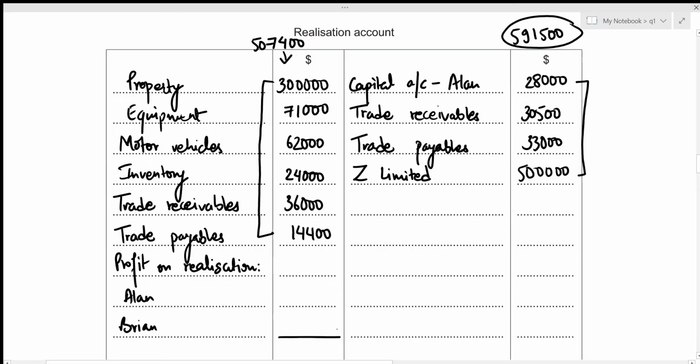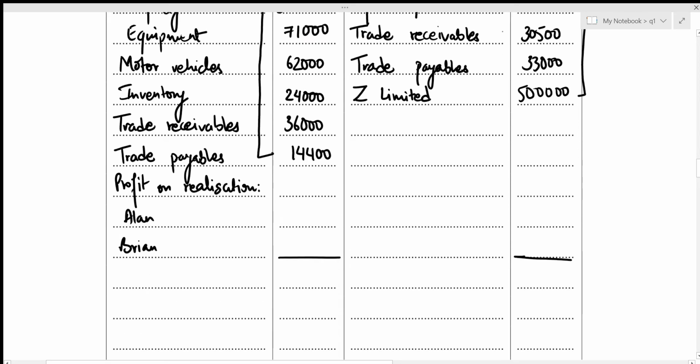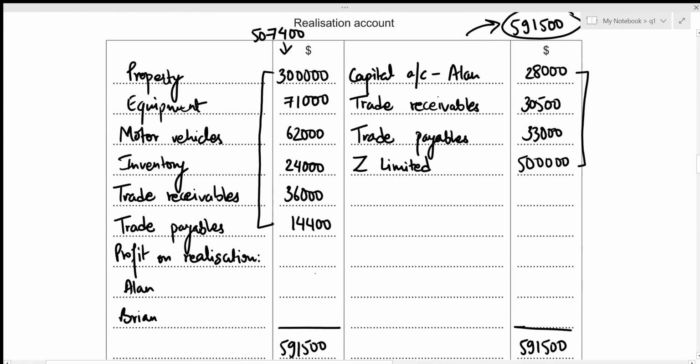Okay, now in order to figure out the profit on realization, we first require the total value, which is obviously going to be the total of the heavier side. So that's 591,500. Let's write it down. Now, as I said before, profit on realization will act as the balancing figure, right?